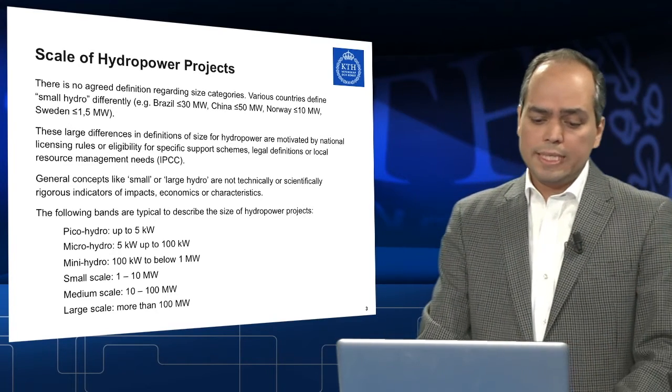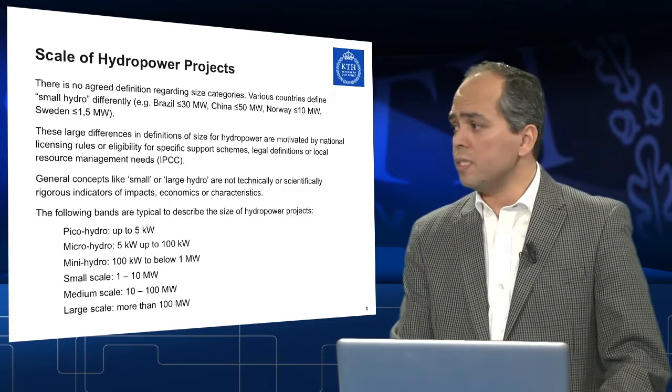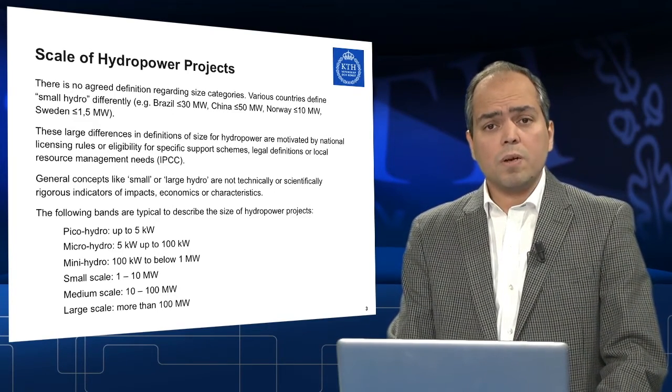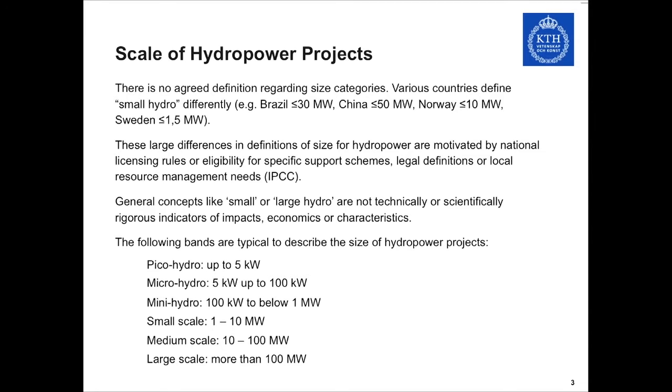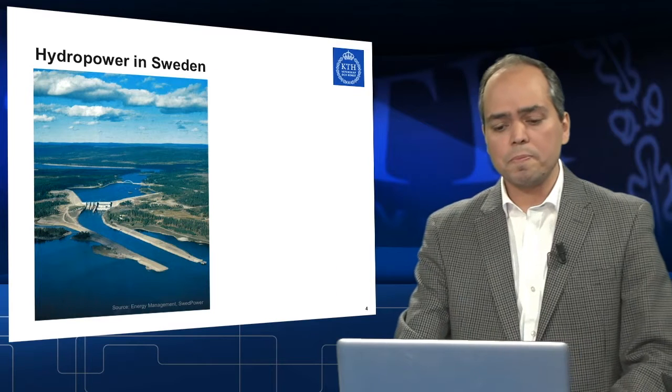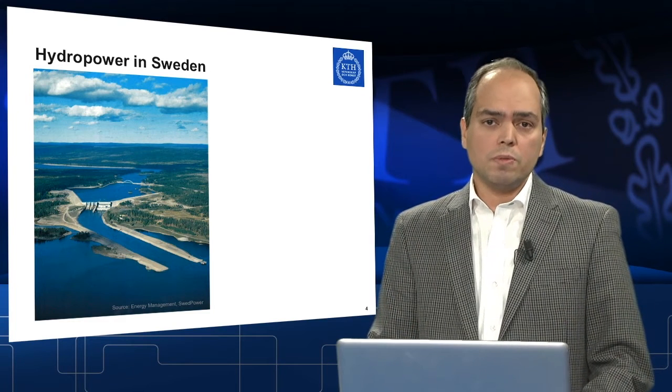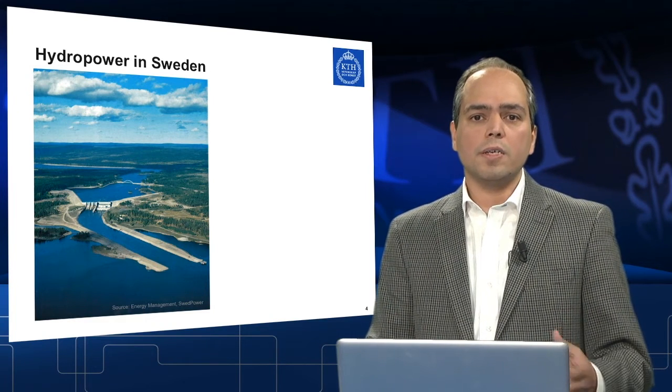What is typically accepted is listed here on this slide. So for a larger scale, we can call it a power plant of more than 100 megawatts, which is categorized as large-scale hydropower.